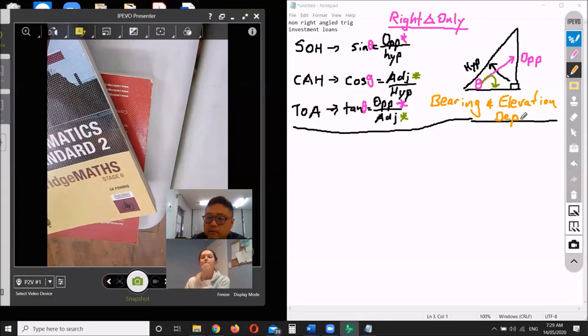Not depreciation. We can go through some questions on that if you want. This only works with right angle triangles, so they'll be there when we do elevation and depression, and when we do bearings.